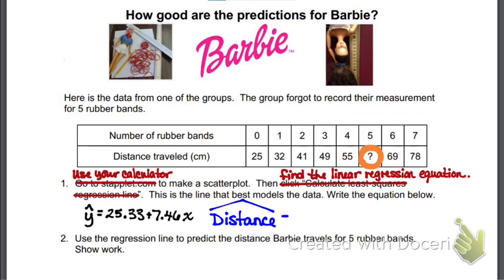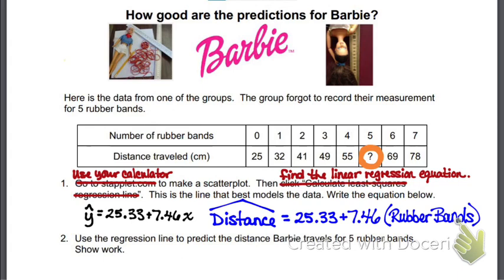So distance hat equals 25.33 plus 7.46. What did x mean? Number of rubber bands. So inside parentheses here, I'm going to put rubber bands. It's much more convenient to have that x at the end when I'm inserting a word there than if I try to do that in the middle of my equation.